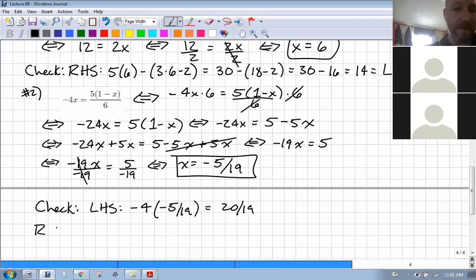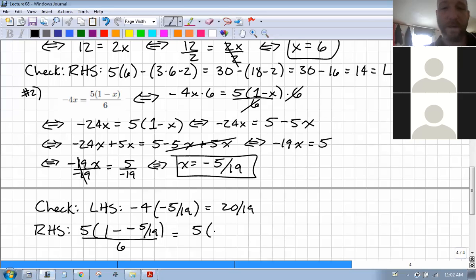So let's see what the right-hand side is. Right-hand side, 5 times (1 minus negative 5/19) all over 6. So 1 is 19/19. Minus a negative means plus. So 19 and 5 is 24/19.